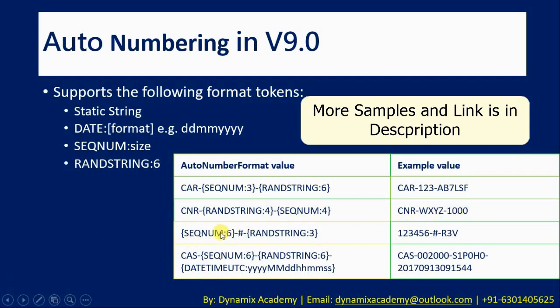This is another example where the first part of the auto number itself is a sequence number of 6 digits, then hyphen hash followed by a random string of 3 characters. This is the example value, and at the same time you can use a date time component as well in your auto numbering format. This is how you can specify the different auto number formats at the time of creating an auto numbering attribute in your custom code.